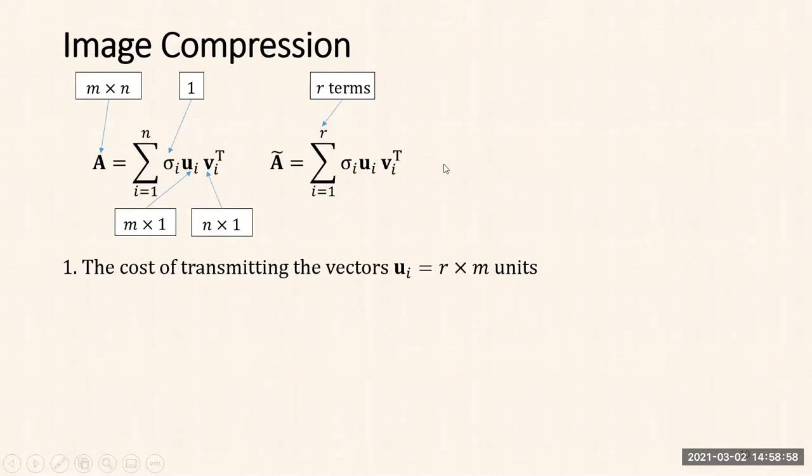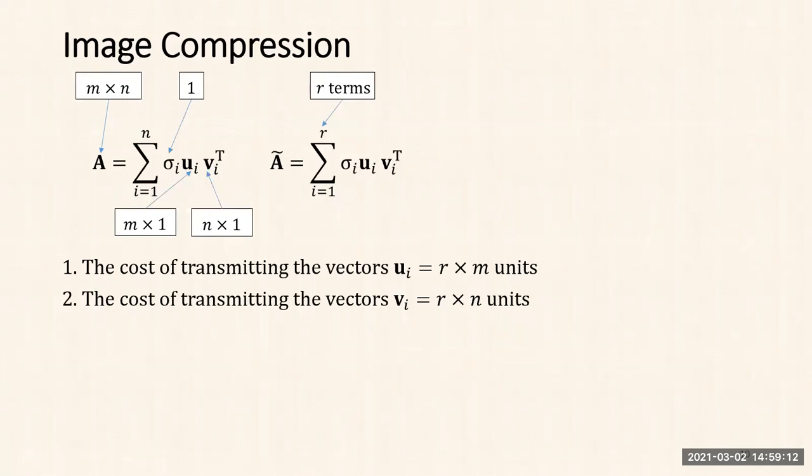Likewise, the cost of transmitting the v_i's would be how much? Since each v_i is an N by 1 vector, and each time I transmit a scalar quantity, maybe a floating point or whatever, I incur a unit cost. So I hope you guys are with me.